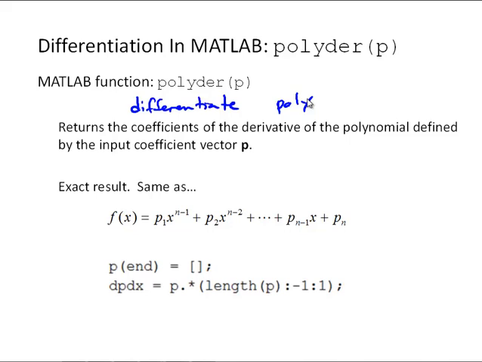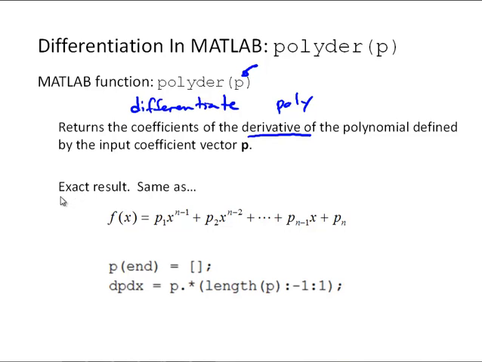Recall how MATLAB stores polynomials as a vector of coefficients. So if we input a coefficient vector p, this function polyder is going to output the coefficients of the derivative of p. So it's the exact same result that we could do ourselves with two MATLAB commands.